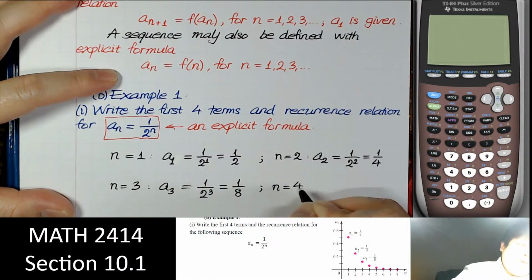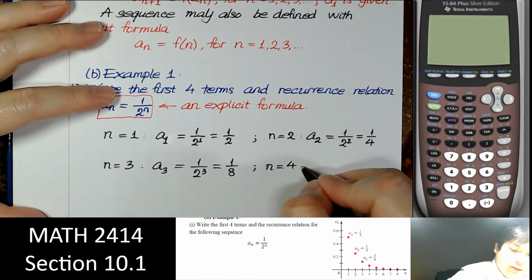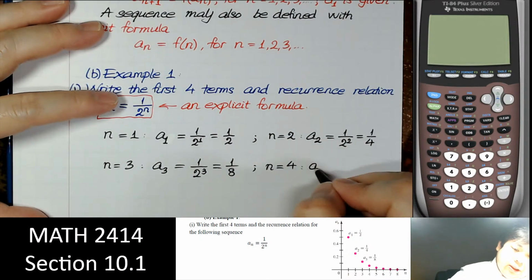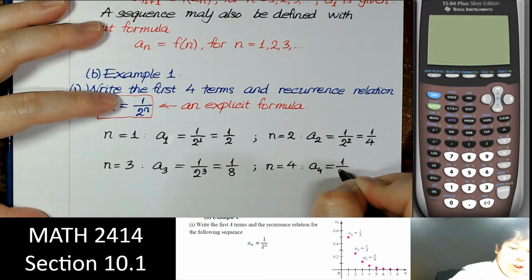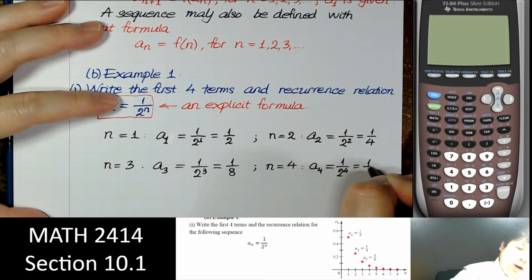N equal to 4. a_4, 1 over 2 to the 4th power, 1 over 16.